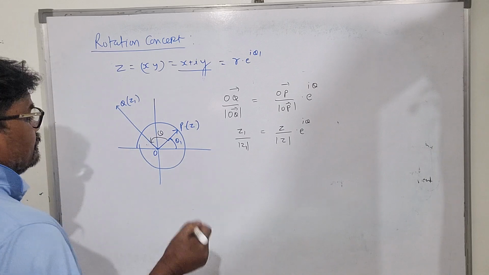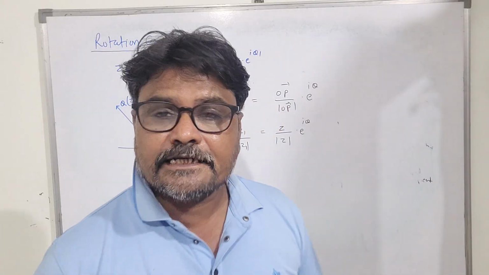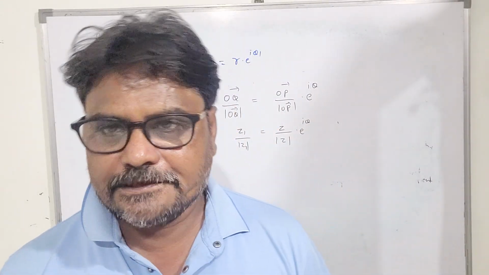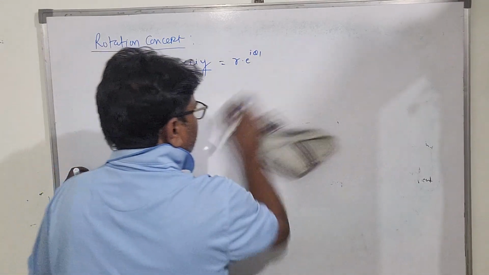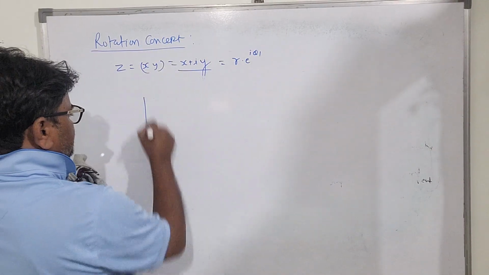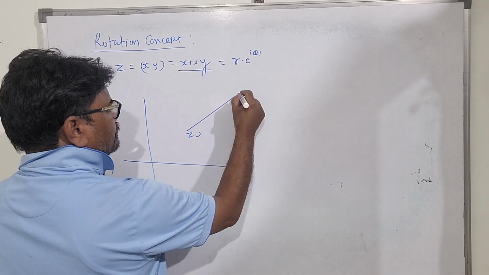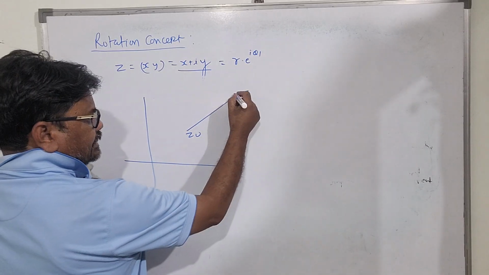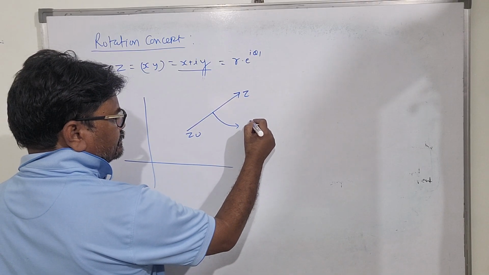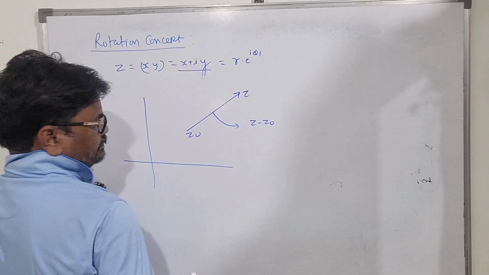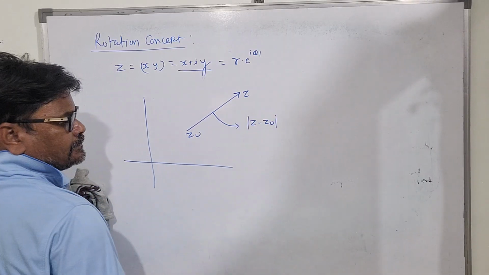Now coming to the third case. Here in both the cases we have observed that we are rotating the complex number about the origin only. Correct? Now the third one: see, this is the Argand plane, and this is the arrow. This arrow is given by z minus z naught and its length is given by the modulus of z minus z naught.